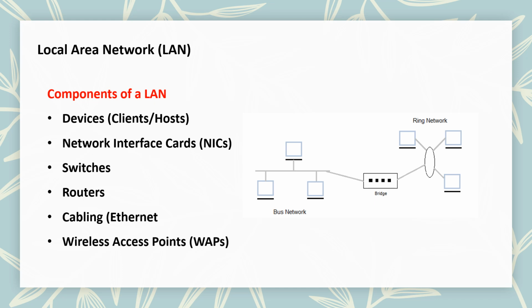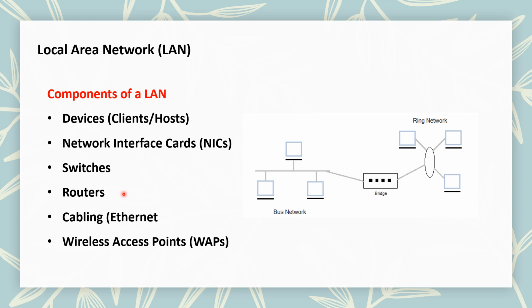Some of the components of a local area network are devices, like computers, smartphones, and other devices that connect to the network. Network interface cards, hardware installed in each device to enable communication within the LAN. Switches are the devices that connect multiple devices within the network, directing data to its correct destination.